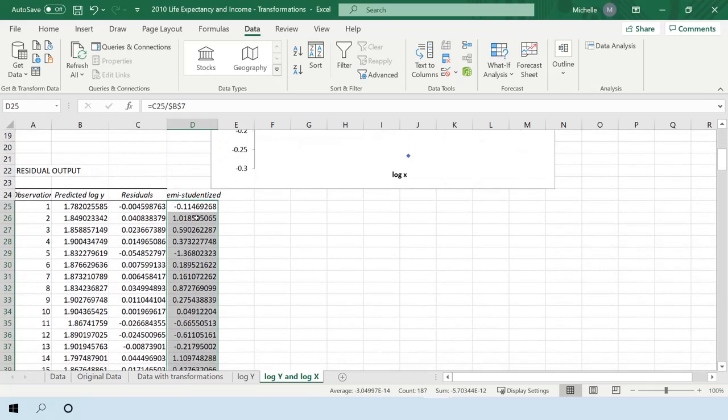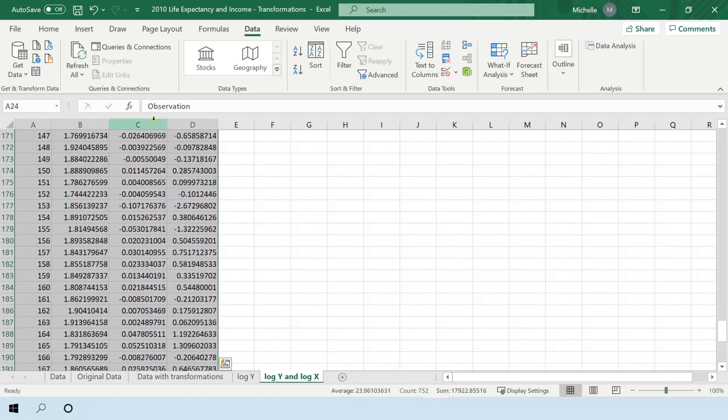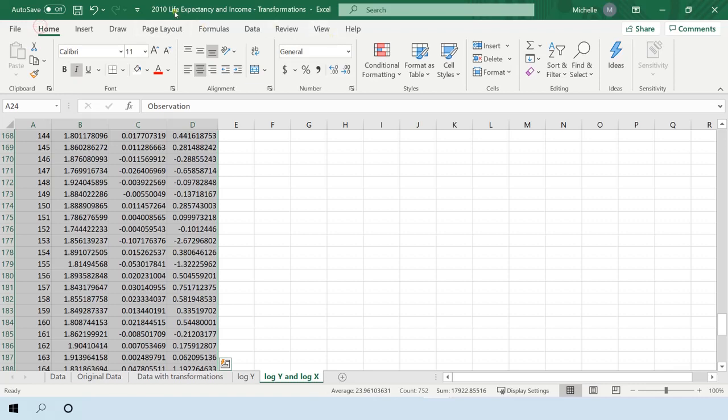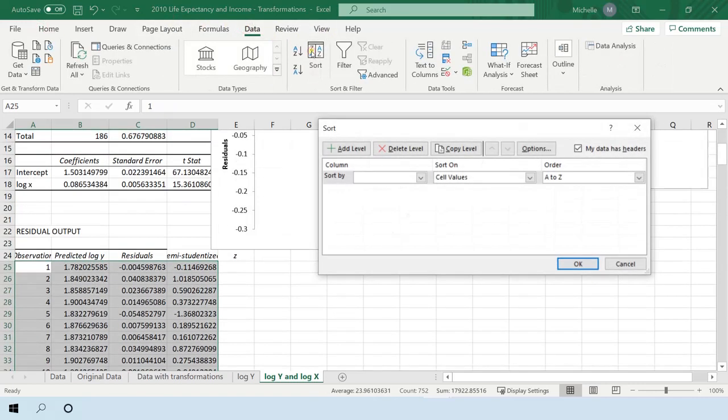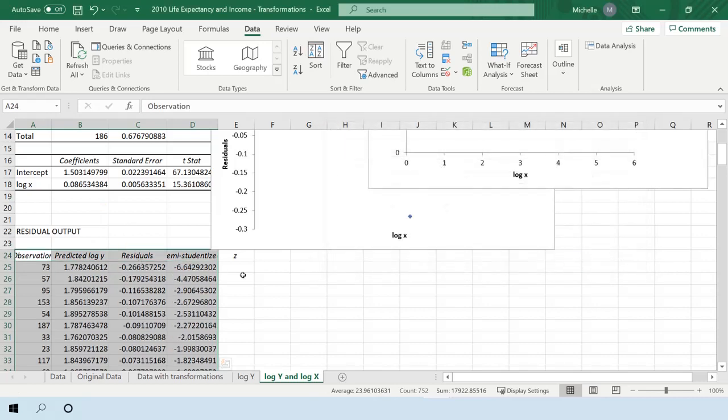So these are the semi-studentized residuals, and then I would need to find the z value, which requires sorting this data. Let me take that, and go to Home, Data, Sort, and sort it by the residual value. Press OK. So now it's sorted by residuals.